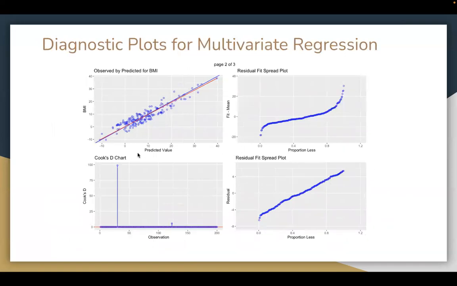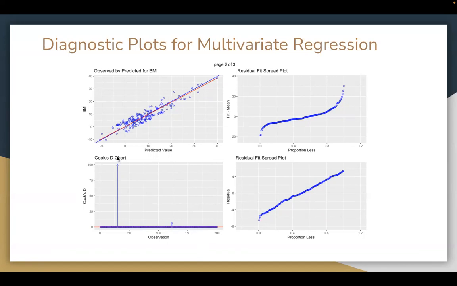Same thing here, the observed versus the predicted lines are very, very similar. And the data point in the Cook's distance chart over here has a very large Cook's distance, which means there's a lot of influence of that specific data point when performing least squares regression analysis.